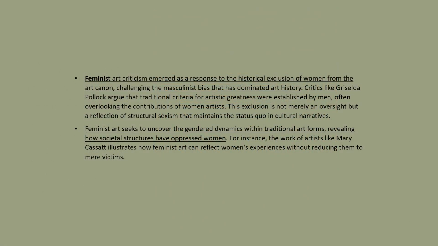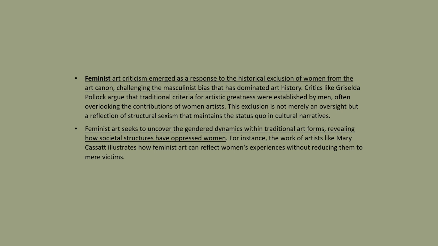Moving along to feminist art criticism, which emerged as a response to the historical exclusion of women from the art canon, challenging the masculinist bias that has dominated art history. Critics like Griselda Pollock argue that traditional criteria for artistic greatness were established by men, often overlooking the contributions of women artists.